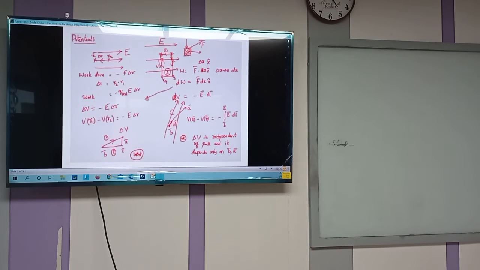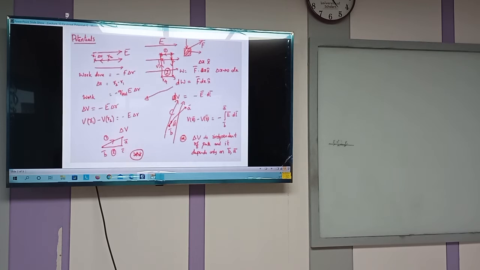And what is this dl? If you remember the coordinate system that we talked about, dl was the line element. So it is actually the vector that gives us the direction of movement. If I move in an arbitrary path, then that arbitrary movement can be characterized by a line vector segment, which is dl.